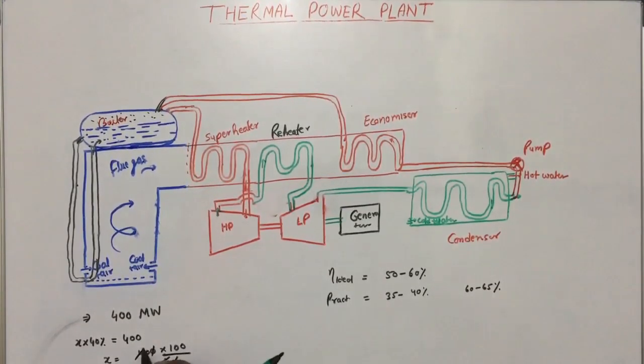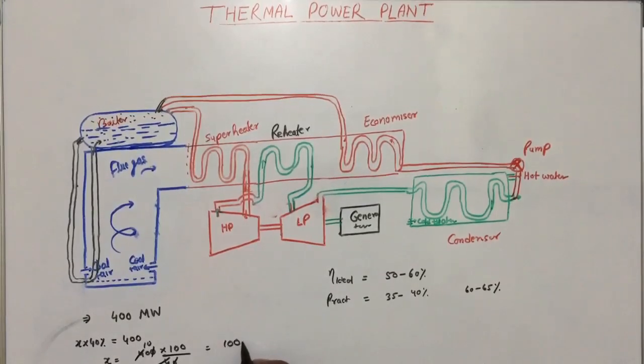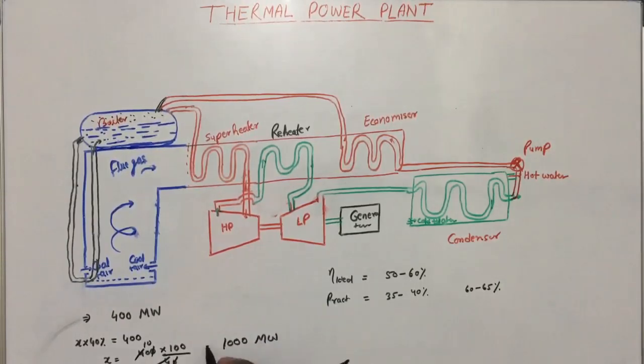From here we can say 1000 megawatt power should be generated, heat equivalent in terms of heat. This much heat should be generated, and we can find almost 600 megawatt energy is in the form of loss. So from here we can find the system should be optimized to minimize this part. So in the next lecture we will discuss what are the possible steps that can minimize this.